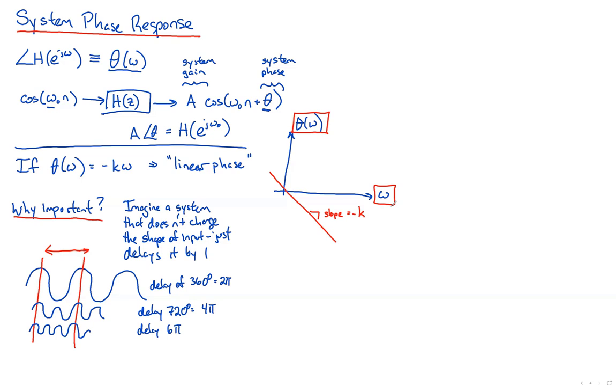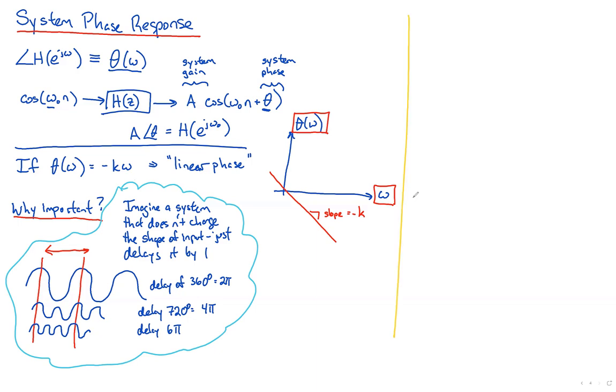So this is the intuitive answer, and this is how I think of it in my head, but that's because I'm not a mathematician. A mathematician would say that a system that delays things by 1 unit would be z to the negative 1. That has an e to the j omega of e to the minus j omega, and you can write that as a magnitude of 1 and a phase of minus omega.